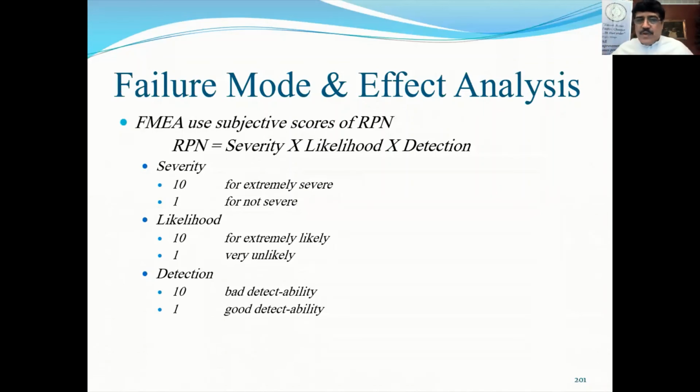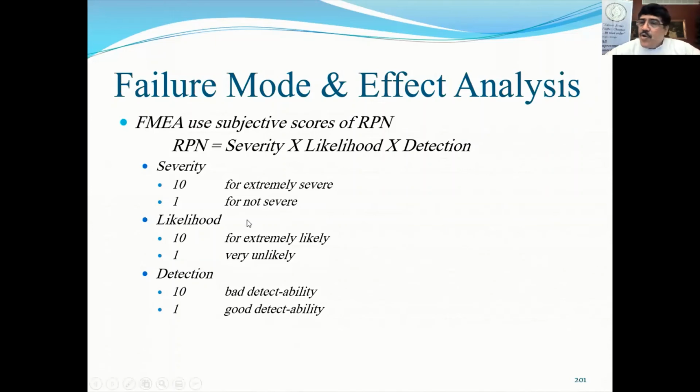There are a number of failure modes that could be happening, so you want to look at each failure mode: its severity, the likelihood or probability of it happening, and another factor called detection. Is it detectable before it actually happens?